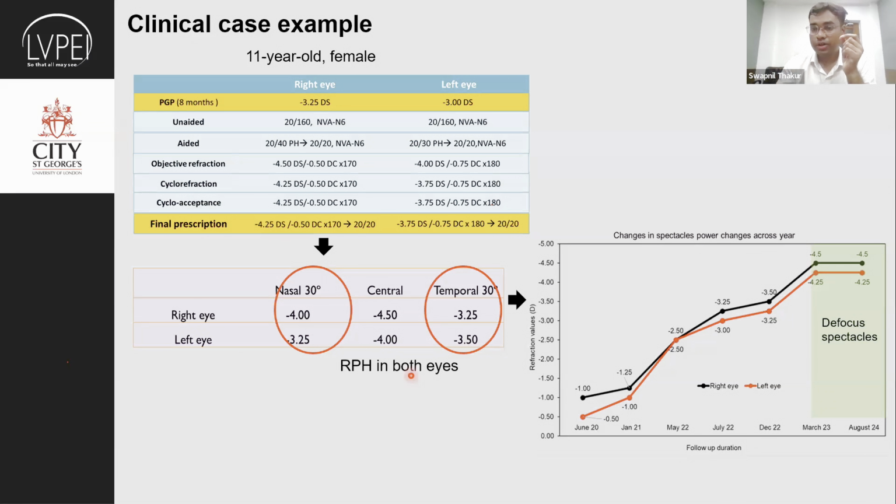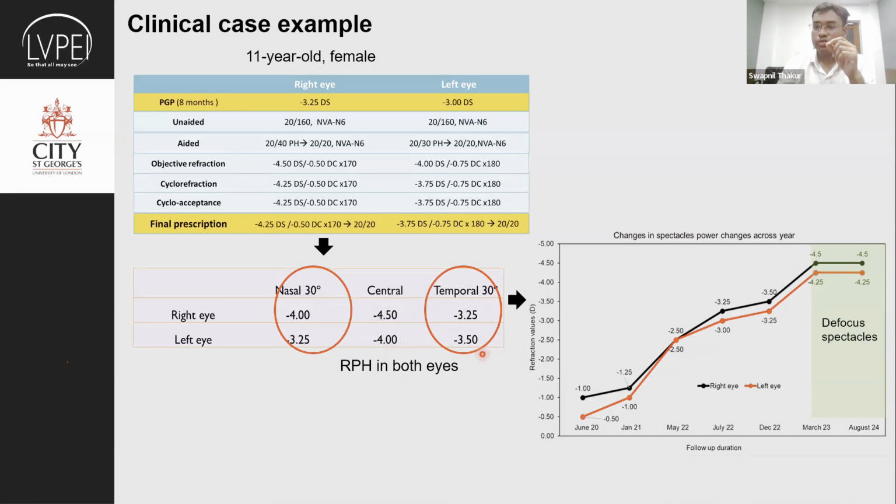What we wanted to do was evaluate the status of the relative peripheral refraction. We performed relative peripheral refraction in that individual, and you can note that there is a clear relative peripheral hyperopia in both the temporal 30 degrees and the nasal 30 degrees.